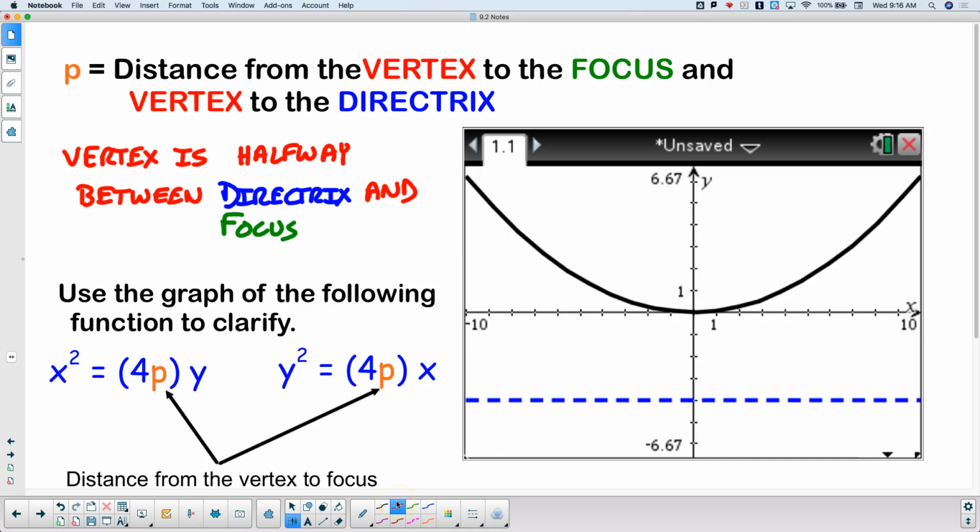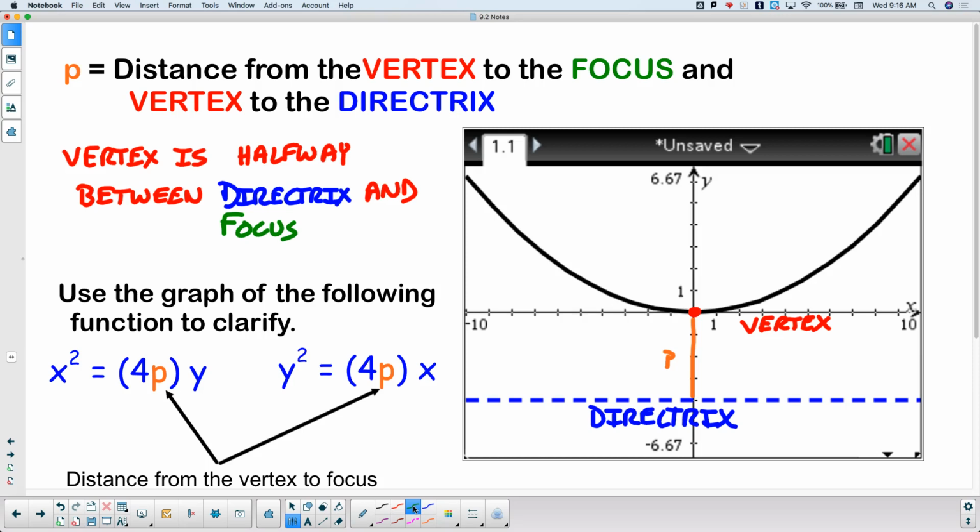So my vertex here, because I have my directrix down here, that puts the vertex right there, and this distance here is P. That distance from the vertex to the directrix is P. Which means then, and that distance is 1, 2, 3, 4.